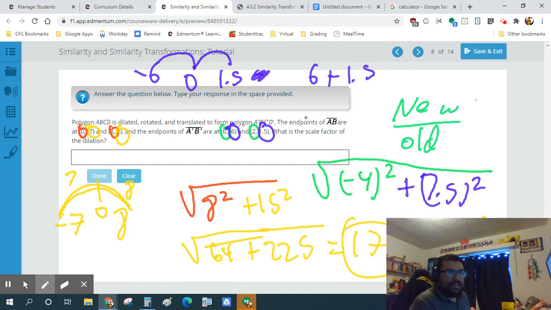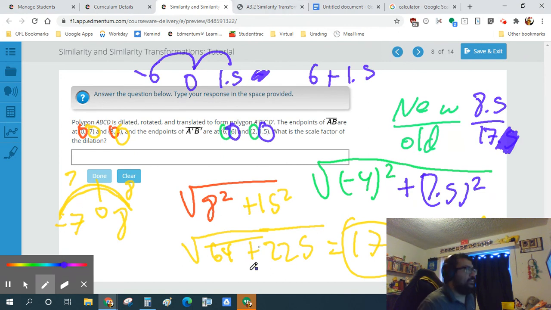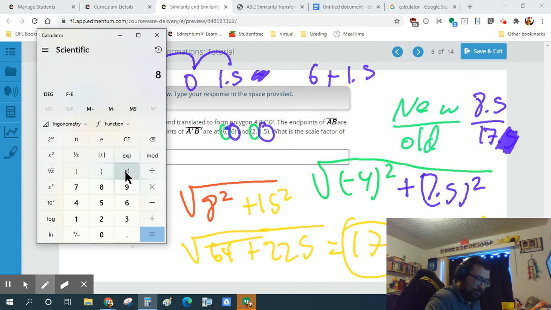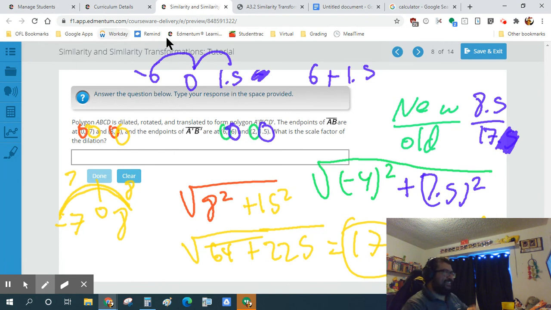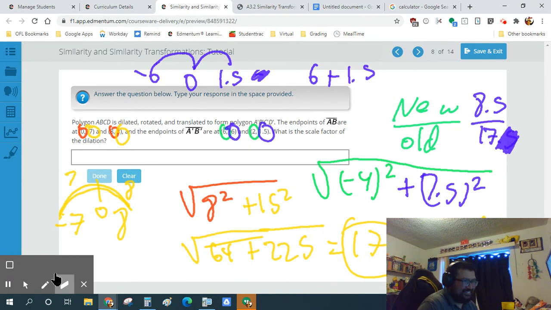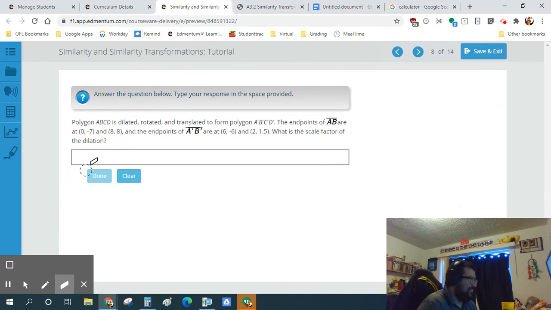So I have 8.5 divided by 17. That's my new divided by old. All right, let's take a look here. Nope, not that calculator. 8.5 divided by 17. All that work just to say it's half the length. My gosh. All right, let me clear this out.